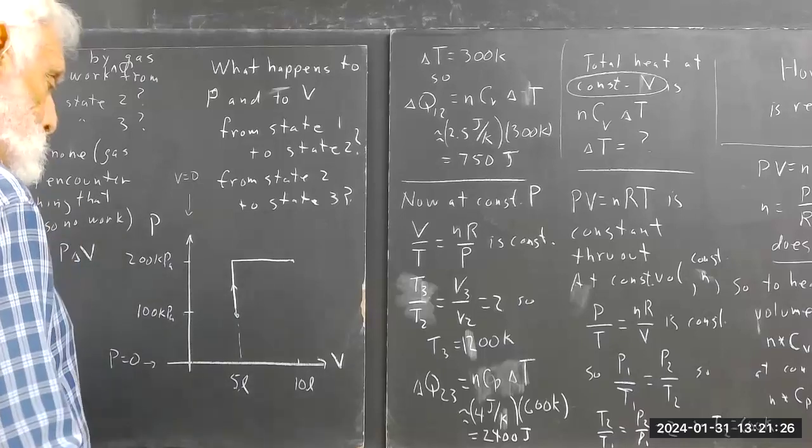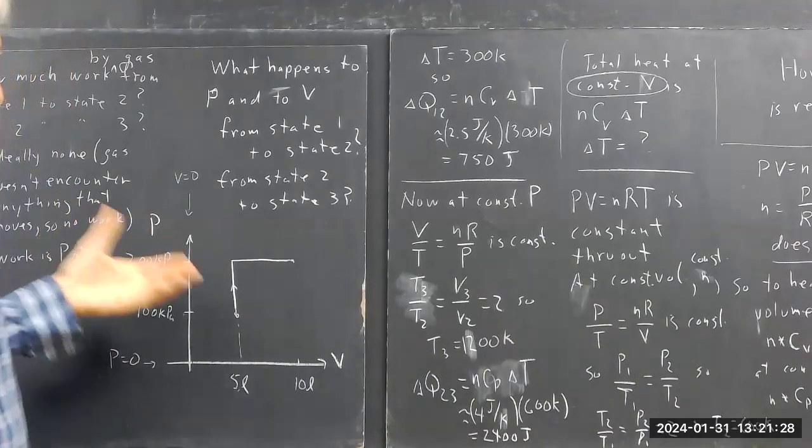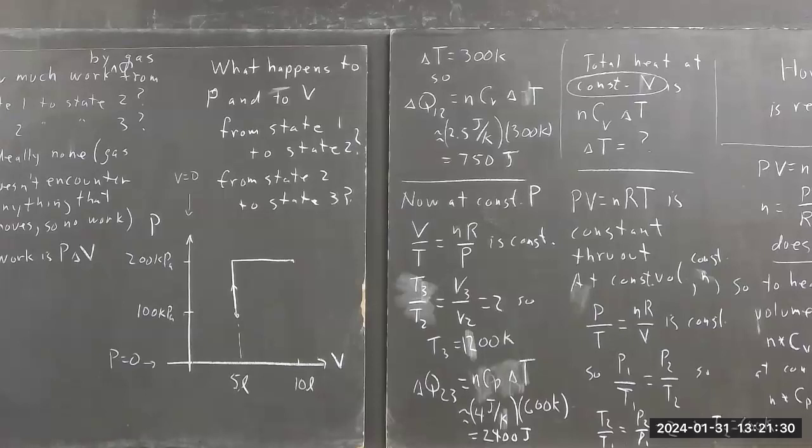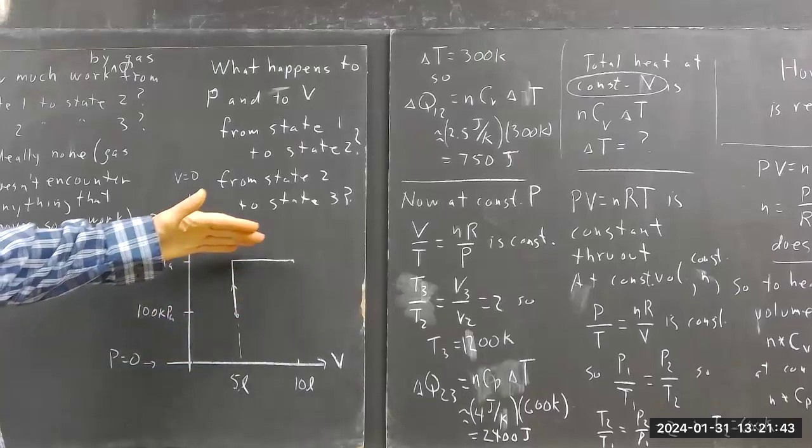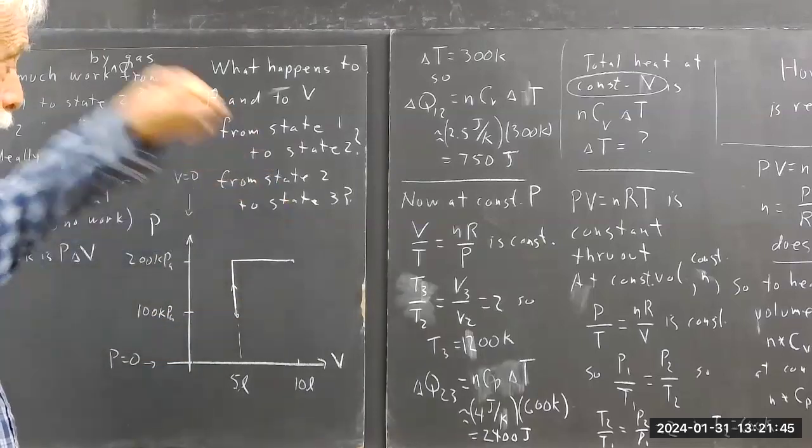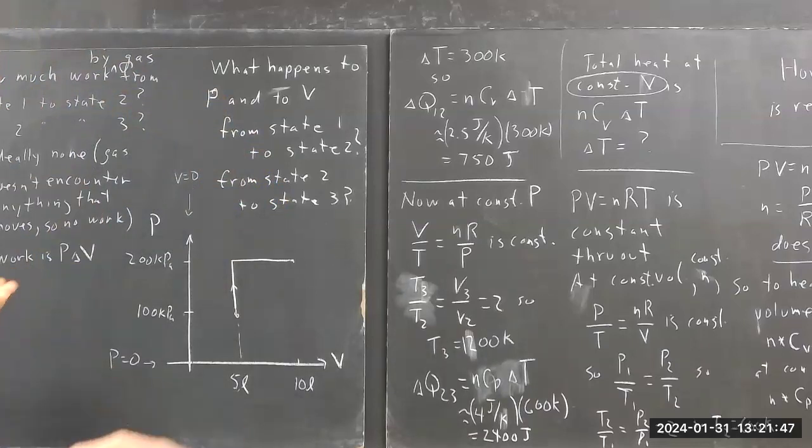So how is P delta V represented in this diagram? How would you show the amount of work on the diagram?